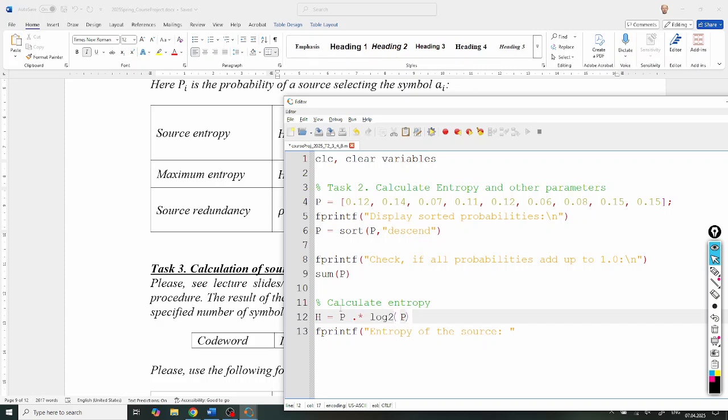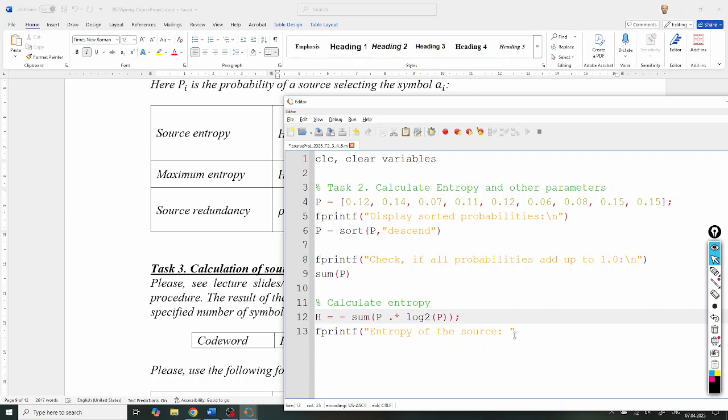That is going to multiply element-wise, first with first, second with second, third with third, and so forth. Then you need to add them together and change the sign to minus, because the logarithm of a number less than 1 is negative, and the information amount can hardly be a negative number.